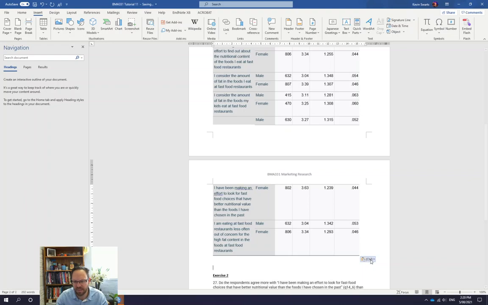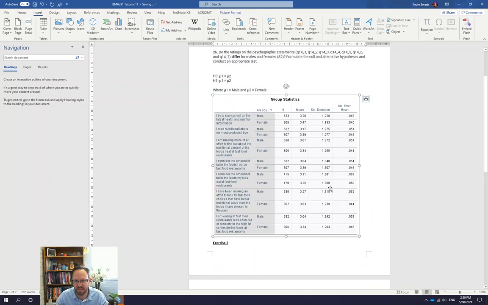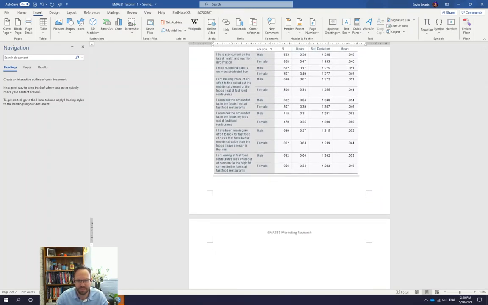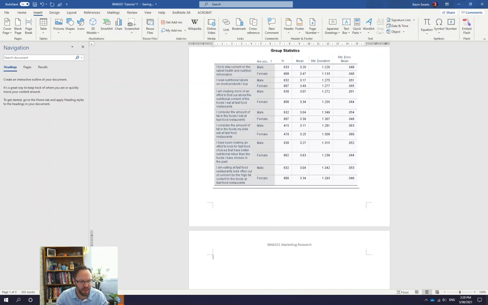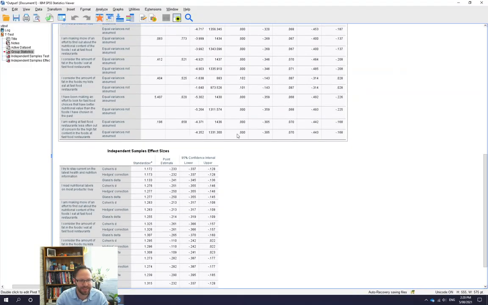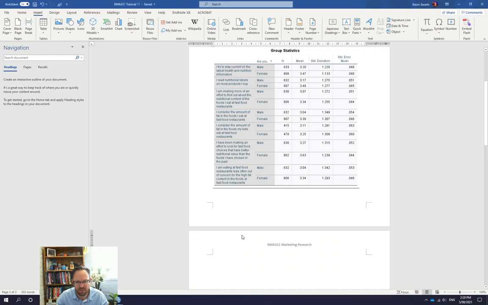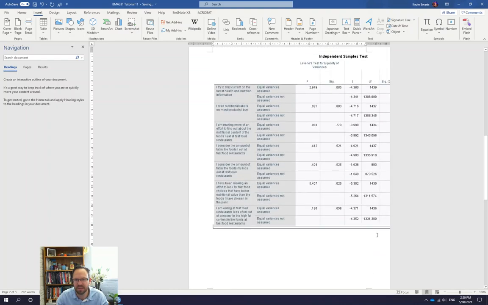I might place that as a picture, just because I don't want to spend too much time mucking around with formatting. So we go back to the output file. I'm going to put this in there as well. Control C, it's quicker in this case. Control V. And again, I'm going to paste this as an image just for simplicity's sake.